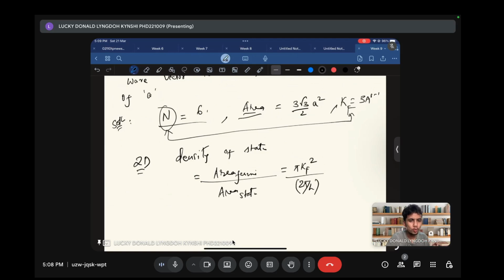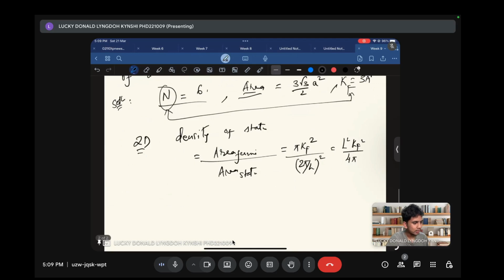If it is three dimensional, we get 2 pi by L to the power of 3, or if it's two dimensional, we have to divide by 2 pi by L whole square. Now if you substitute it, you get L square kF square by 4 pi, right? So now how is the density related to this?